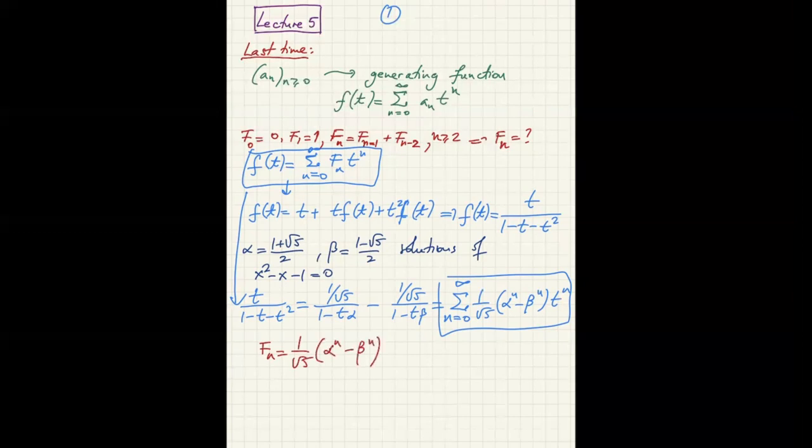Now, one can actually approximate this. Alpha is about 1.618, and beta is about minus 0.618.